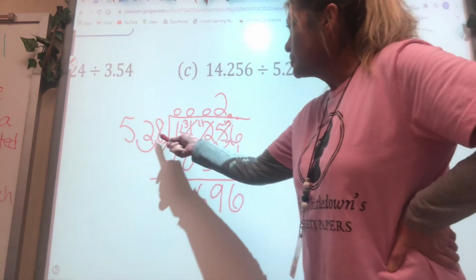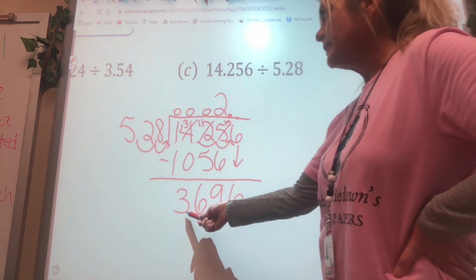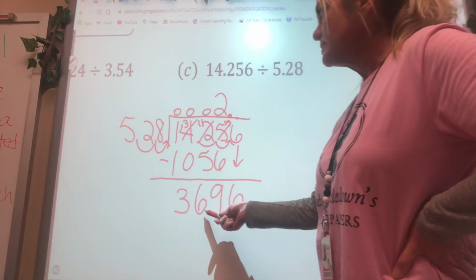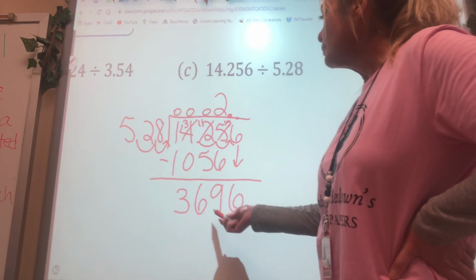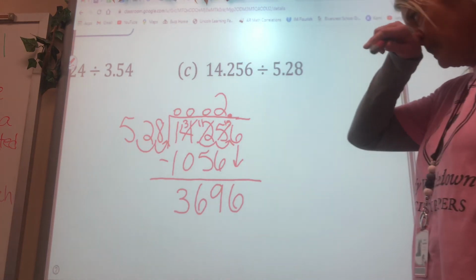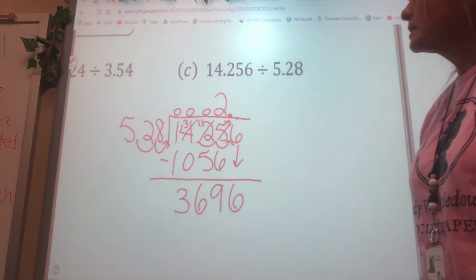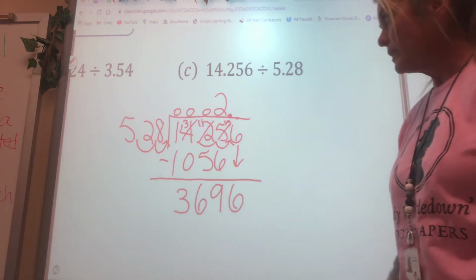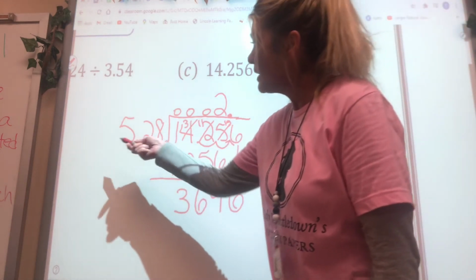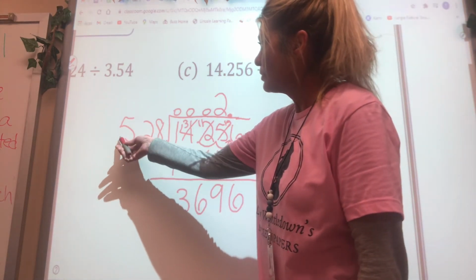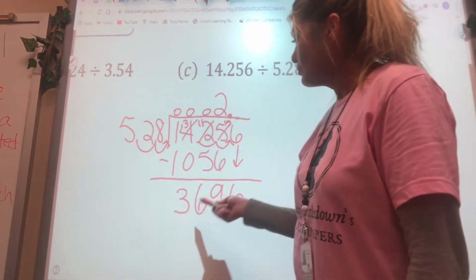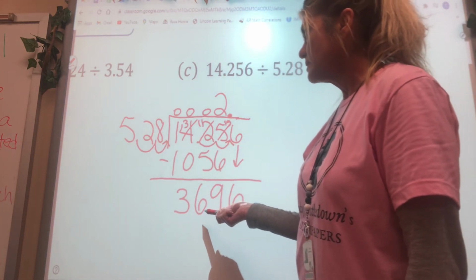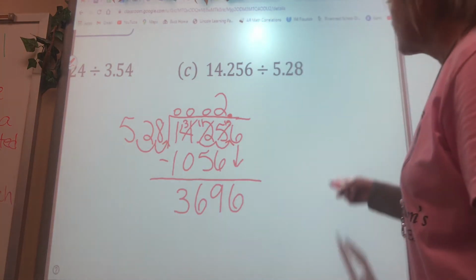I know 528 won't go into 3. It won't go into 36. It won't go into 369, but it will go into 3,696. No idea how many times, so I'm going to look at my far number, the one on the very outside. 5 won't go into 3, but 5 will go into 36, and it'll go 7 times.